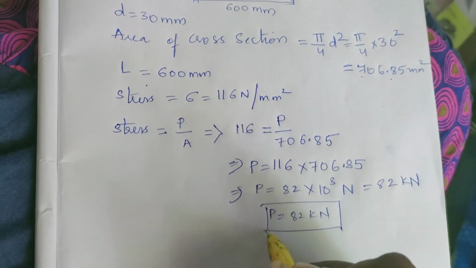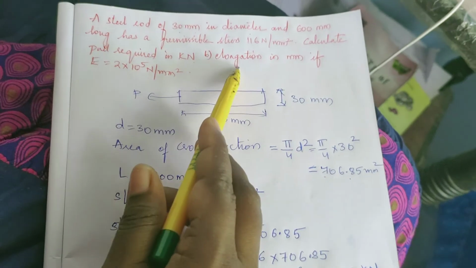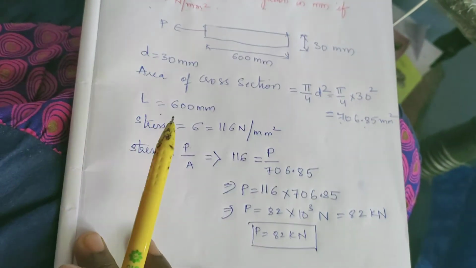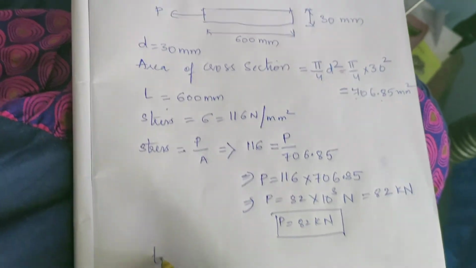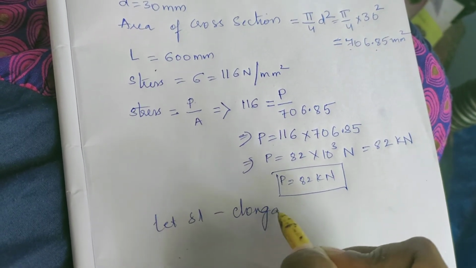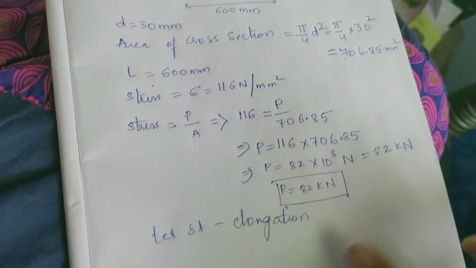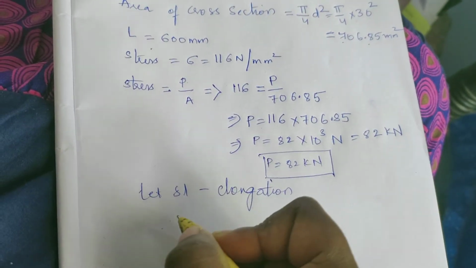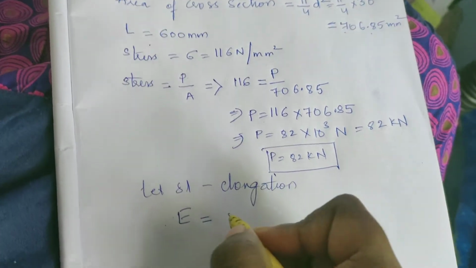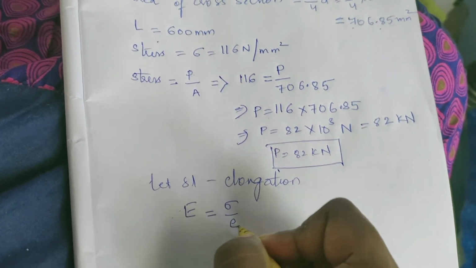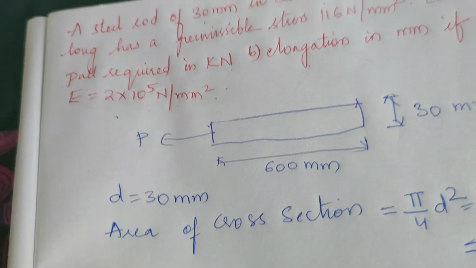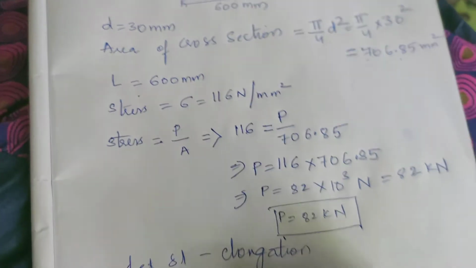We found one thing. Now we need to find the elongation in mm if E is equal to 2 into 10 to the power of 5. Let delta L be the elongation due to that tensile stress. We know that Young's modulus is equal to stress by strain. Young's modulus is already given, it is 2 into 10 to the power of 5.